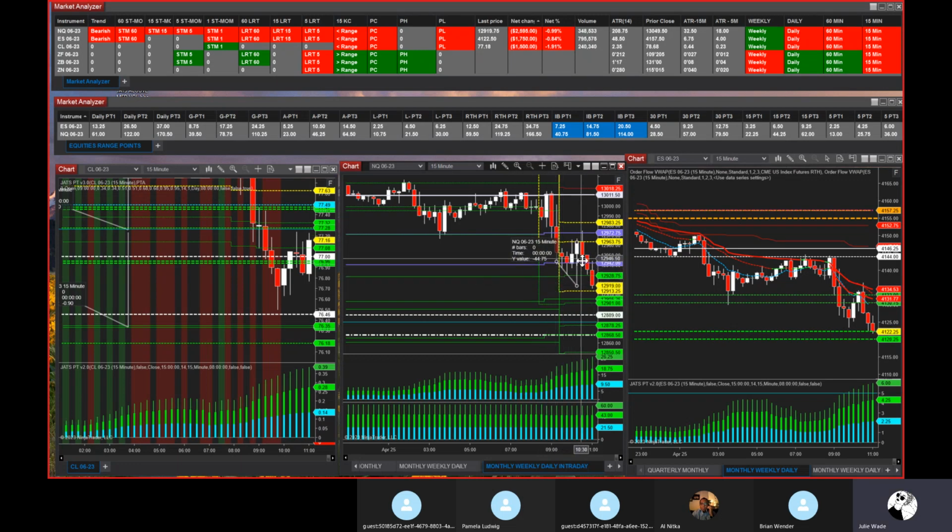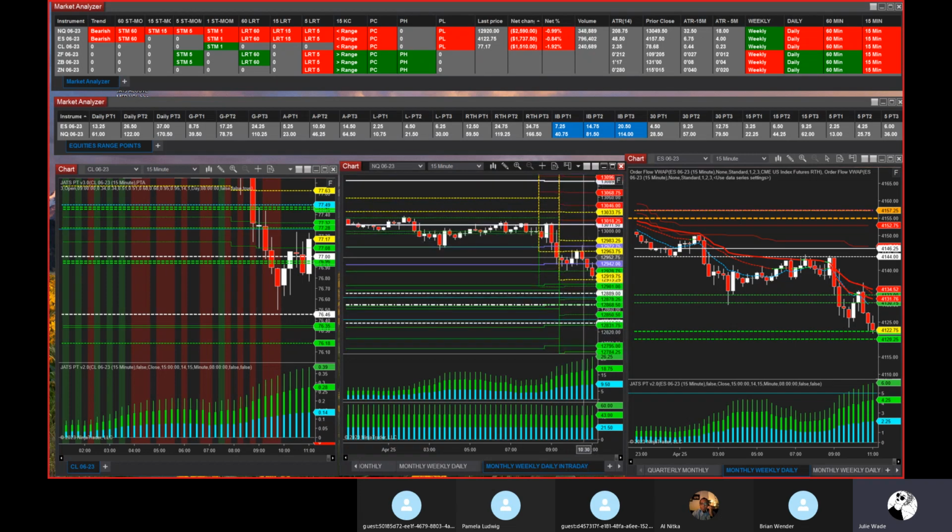And the 44.25 or 75's right here. So it is a balanced market. Nothing as scary as it looks on the market analyzer. From the market analyzer, it looks like it's all falling apart, but actually it's not. It's very balanced inside these historical ranges.